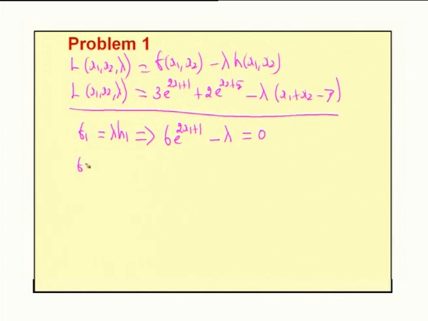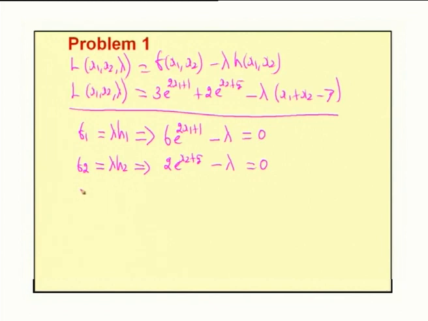Next, the second necessary condition is f2 equal to λ h2, which gives us, by differentiating this function with respect to x2, 2 e^(x2+5) minus λ equal to 0.